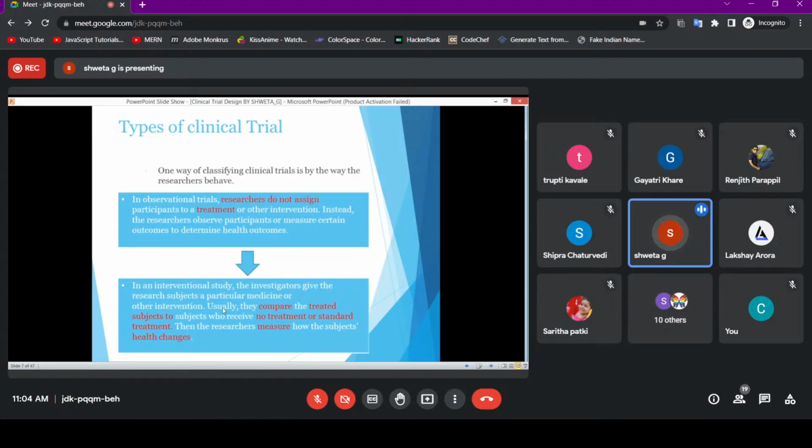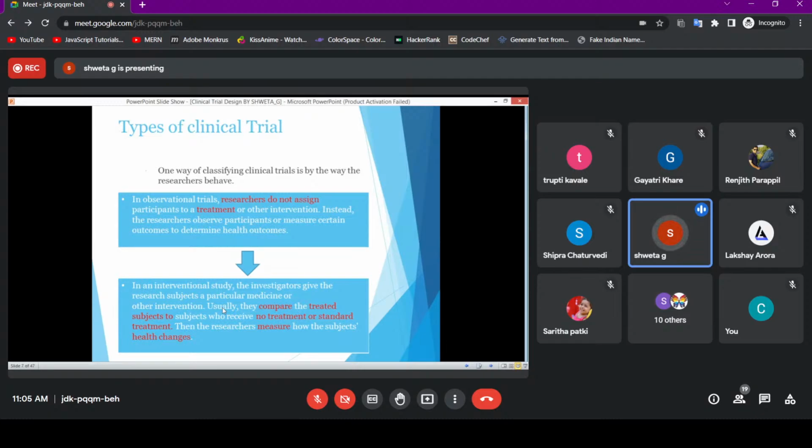Okay. So the investigational study is a study in which we do a comparison. We have a standard drug and we have this test drug. This test drug is being compared with no treatment, with the placebo, or with the standard treatment.